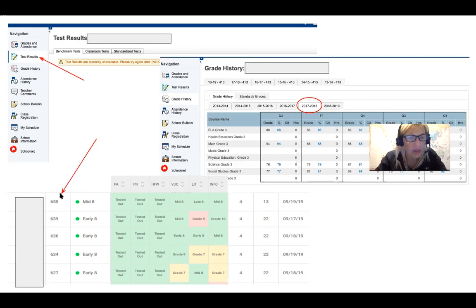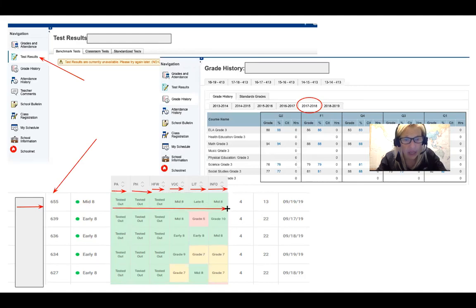So in reading, you'll have an iReady score that is a 3-digit number, and then you will have phonemic awareness, which is the PA, phonics, high frequency words, vocabulary, literature, and informational text. So this student here, we don't see their name, but they have tested out of almost everything. Here, they are at the mid-8th grade for vocabulary and mid-8th grade for informational text.